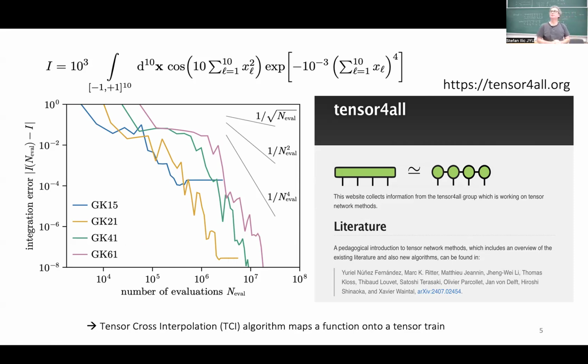Yes? What do you use here as the benchmark? No benchmark. We benchmark against ourselves. And this is actually the point of this particular integral. There is no other technique on the planet that can calculate this, that I'm aware of. Why? Because it's 10D, and also because of the cosine, which oscillates like crazy.